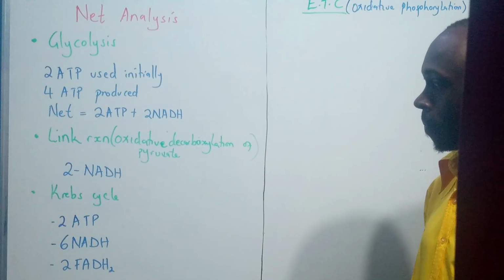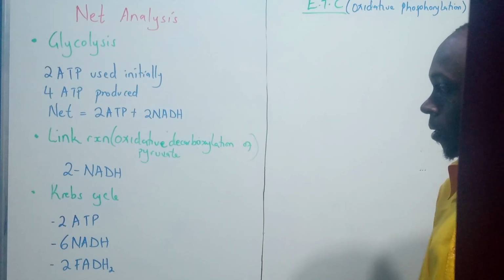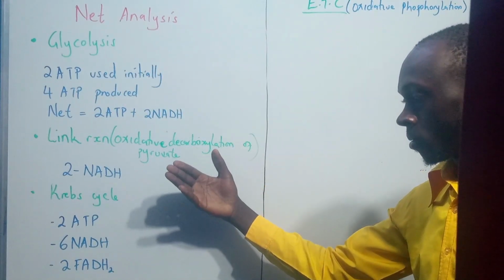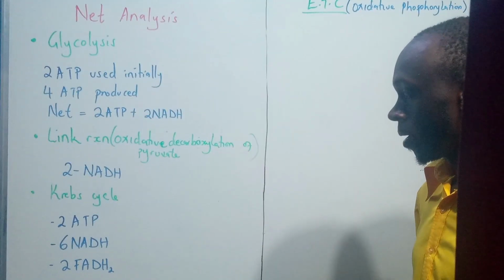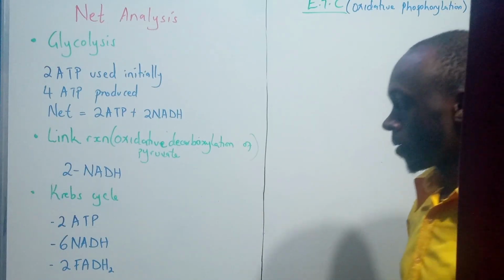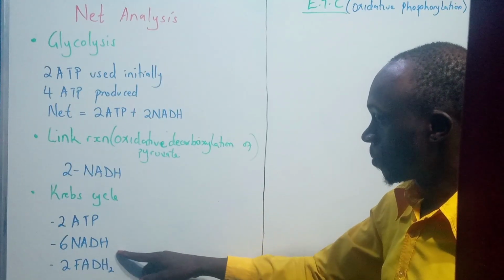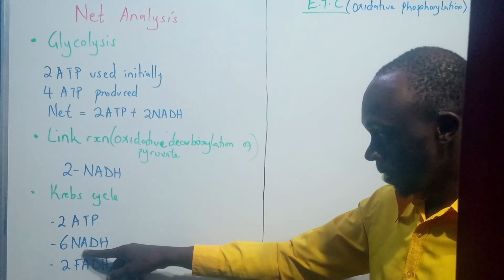So entering into the Krebs cycle, that is the second stage, we're having 2 ATP molecules. Of course, in plants we find GTP, guanine triphosphate, but let us just call it ATP for the sake of animals. And then we're having 6 reduced NAD molecules produced. Remember, I told you each cycle produces 3 molecules of reduced NAD.